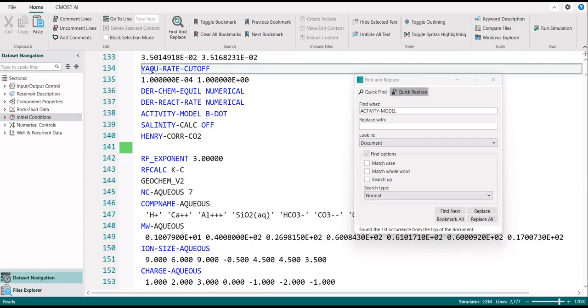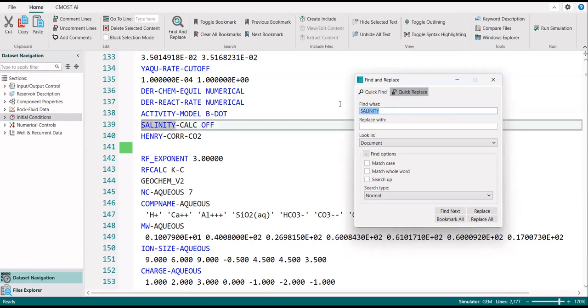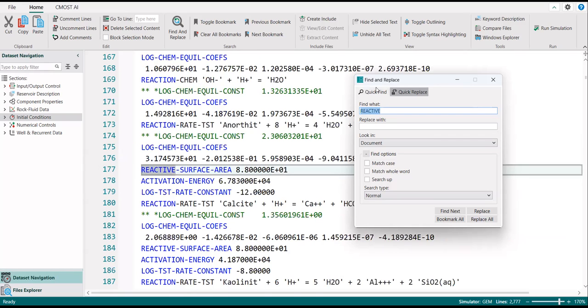And then salinity, if you're interested, let's see. We have salinity calc. All right, of course, calculation for salinity in molality. It must be followed by on or off. And then what else? I think that's pretty much all. Do we have reactive surface area?